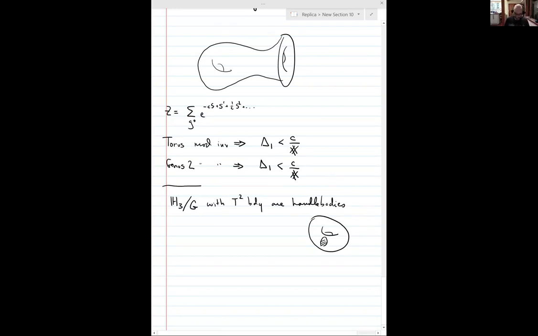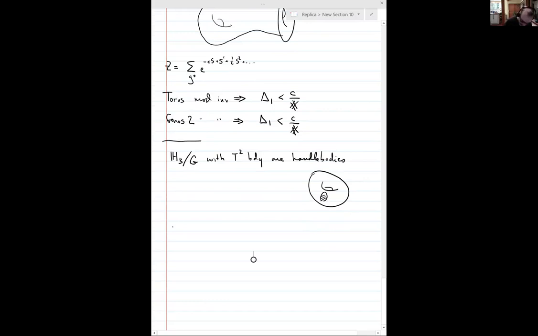Okay. The quotients of hyperbolic space with genus 2 boundary include both handle bodies and non-handle bodies.